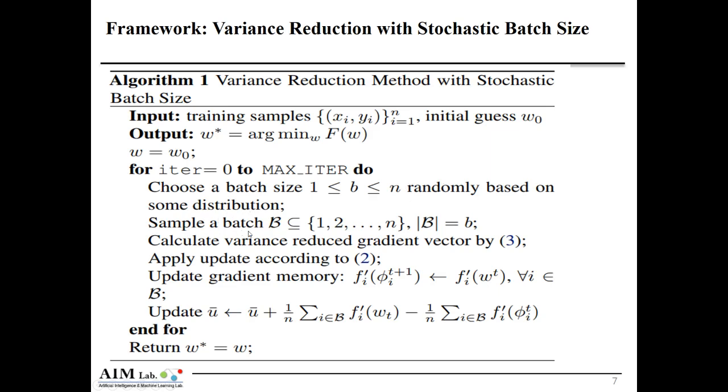Then we sample a path. We sample a path that has the path size equal to b. Calculate variance reduced vector and update W. Update the memory by the new derivative term and update the u-bar.